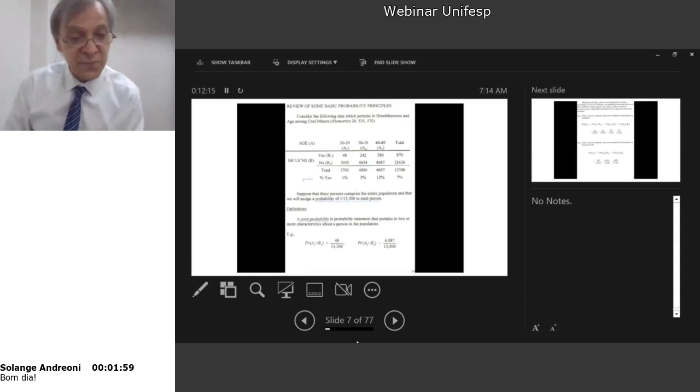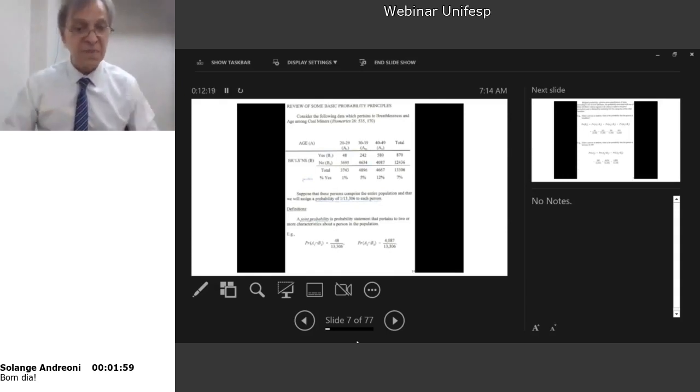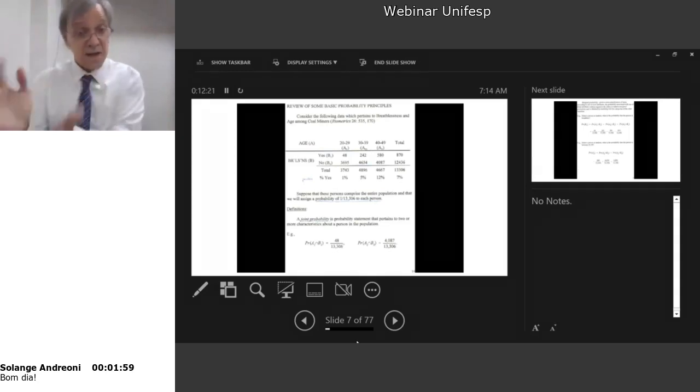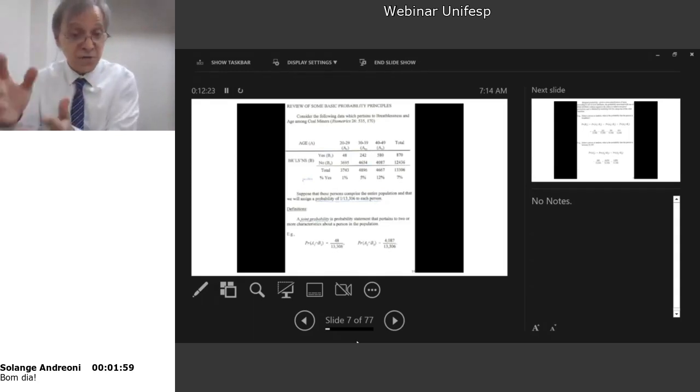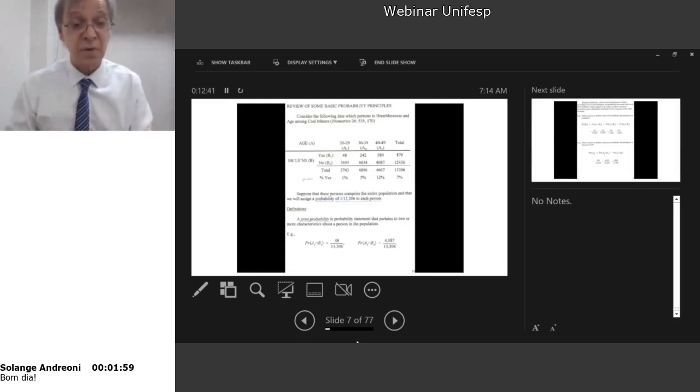And here I have an example of a joint probability, which is the probability of being A and B, being breathless and having an age of a certain type. In this case it is the age group 20 to 29 and being breathless. So that's going to give you 48 divided by the total denominator. That's your probability, in this table, of being classified as breathless, and that's going to give you the 1% I mentioned.